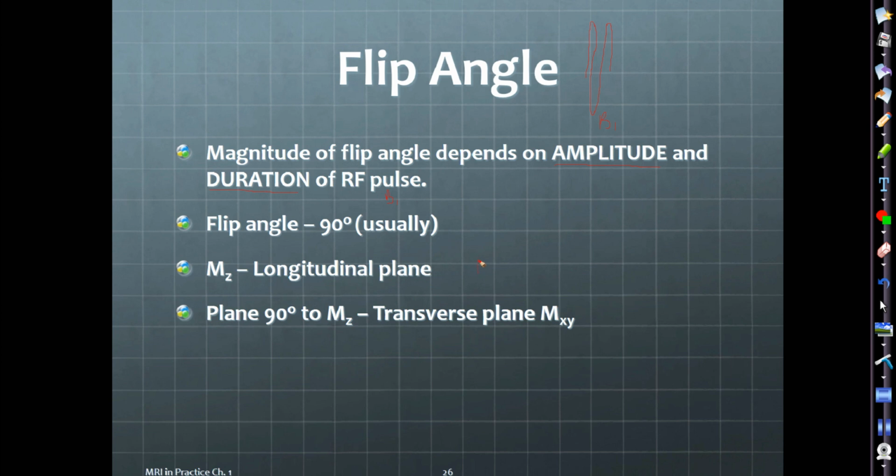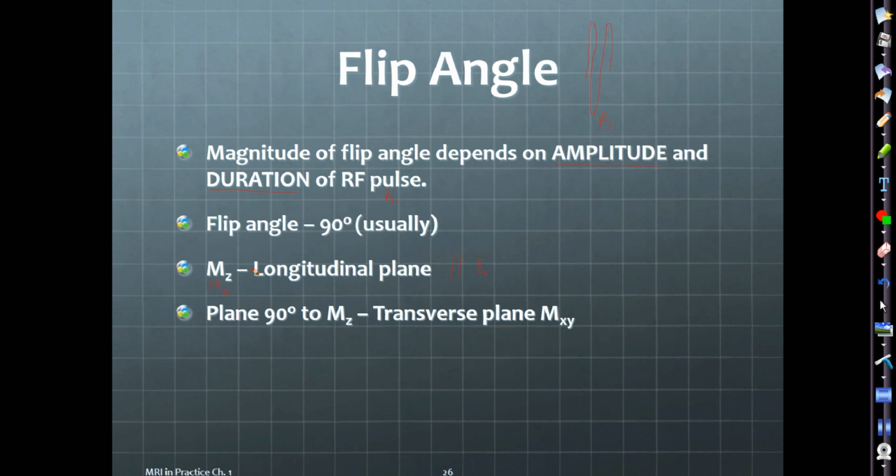From our previous diagrams on other slides, you might see it's parallel to B sub 0. The longitudinal plane is parallel to B sub 0, and M sub z can also be denoted as M sub 0. Remember our initial magnetization plane.